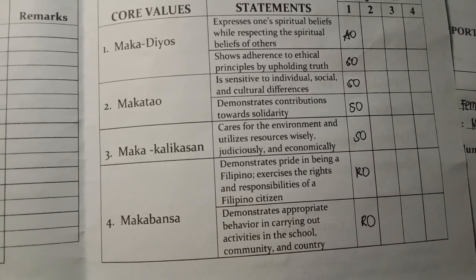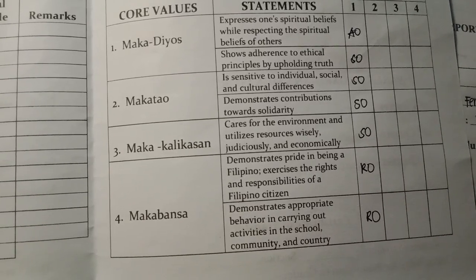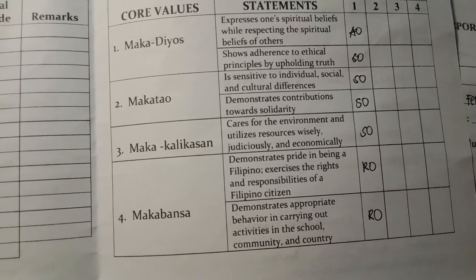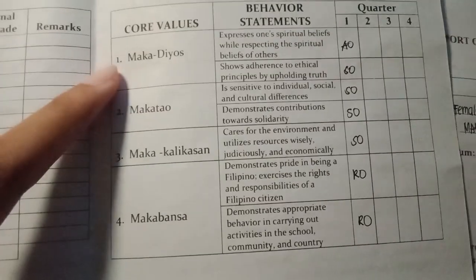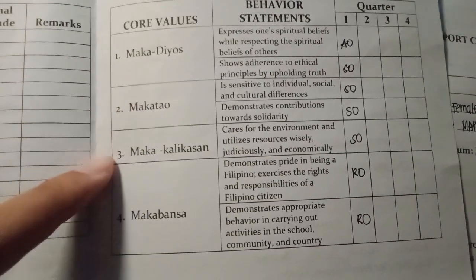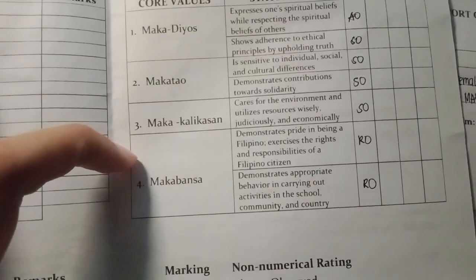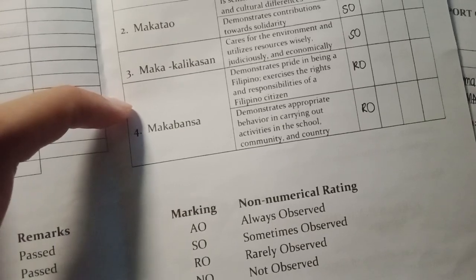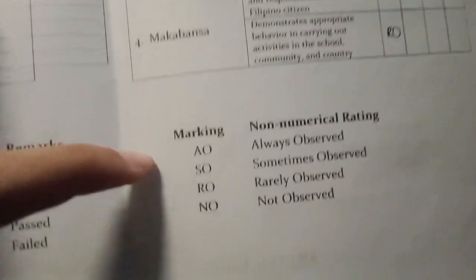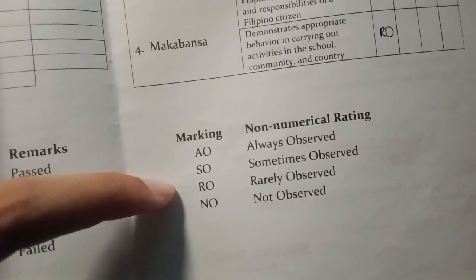Based on my observation for the first quarter, Bato de la Rosa is always observed in makadiyos, sometimes observed in makatao, sometimes observed in makakalikasan, and rarely observed in makabansa. Others are recorded using non-numerical ratings like AO, SO, RO, and NO.